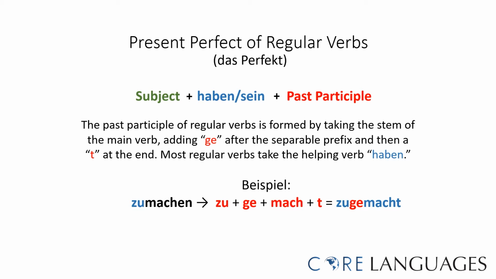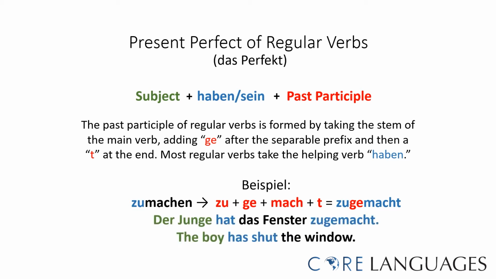To form the past participle of zumachen, we place ge between the separable prefix zu and the stem mach and the ending t. Zugemacht. Der Junge hat das Fenster zugemacht. The boy has shut the window or has closed the window.